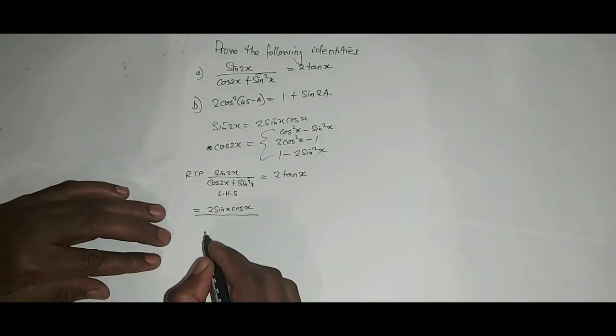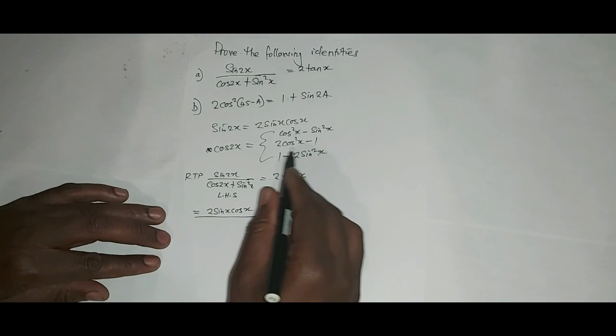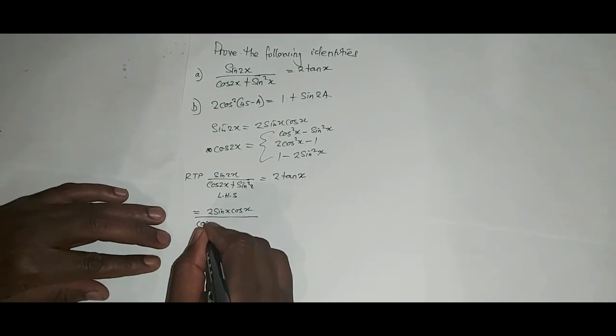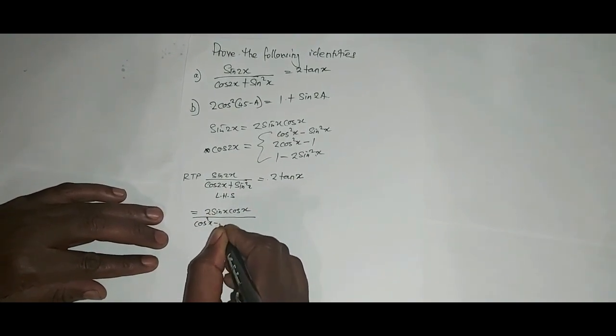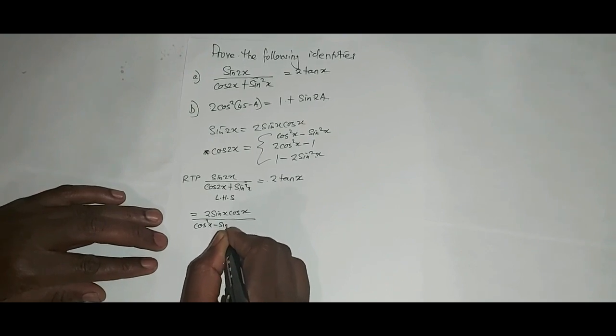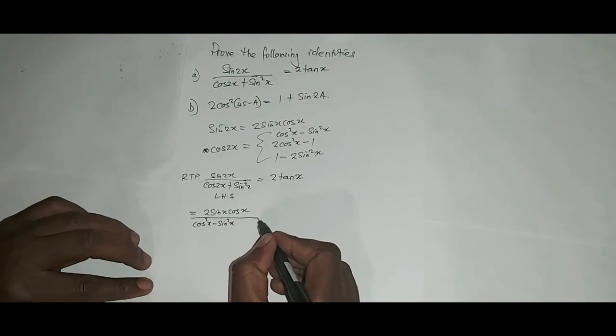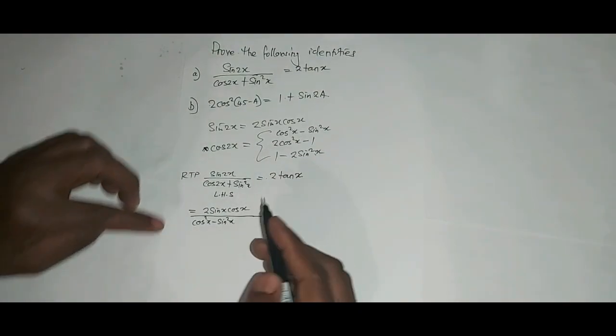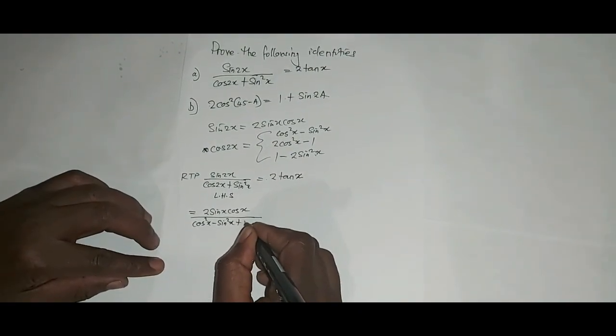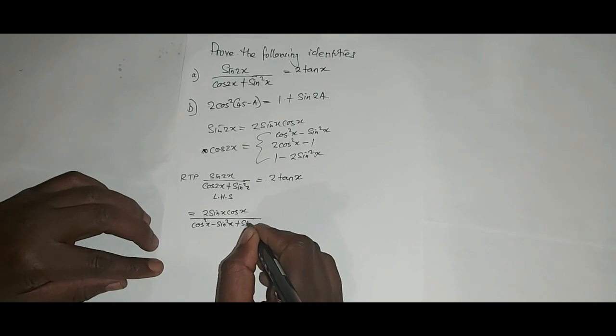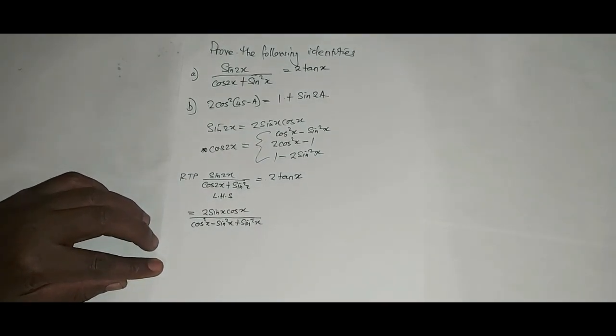So I'll now substitute cos squared x minus sin squared x for my cos 2x. Then I say plus our sin squared x there.